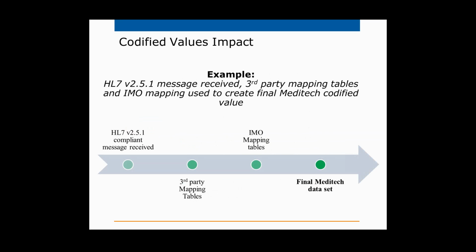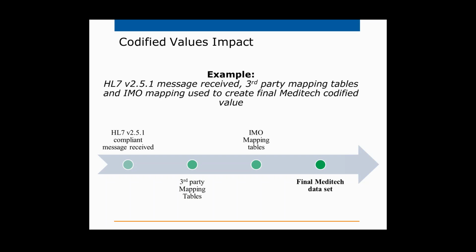The message comes in, so going left to right here, the message typically comes in, and it's HL7 251 compliant with all your codified values. So looking at the message right there, you might not see any Meditech terminology or anything Meditech-centric. Then those third-party mapping tables are applied to potentially get that HIS or Meditech value.